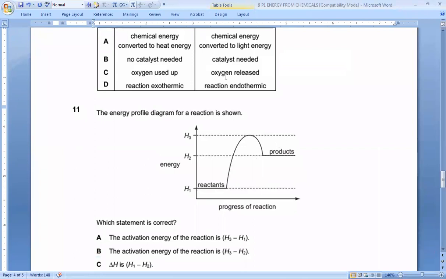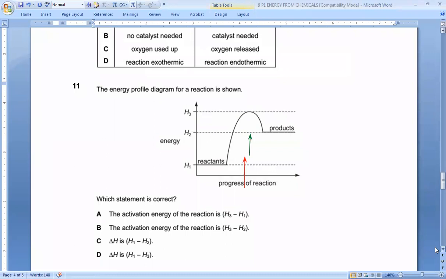So you can say the amount of energy absorbed, one thing, while this is activation energy. Both the arrows are on the upper side. So the red arrow means absorbing heat. This is an endothermic reaction. Which statement is correct about this reaction?